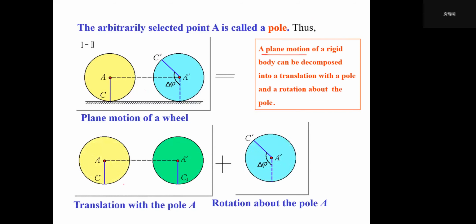So you guess? Translation with A, let's say use the time t. Then let's say this is C1 double prime, right? Then rotation about the pole A with the delta phi, with another t.